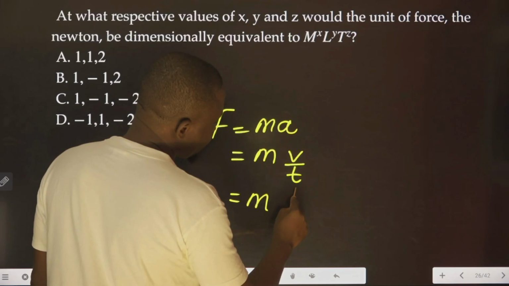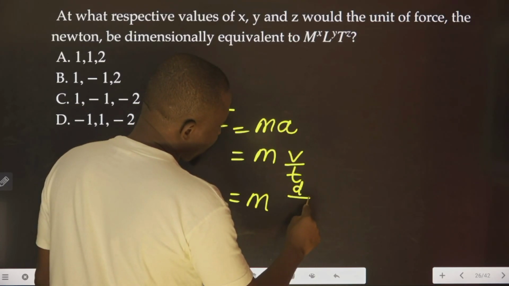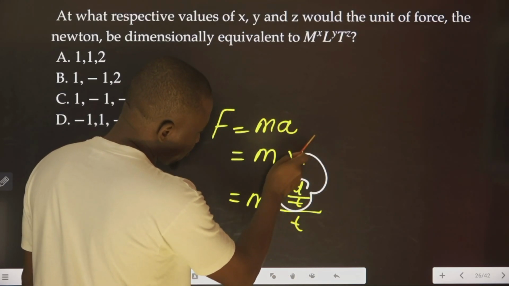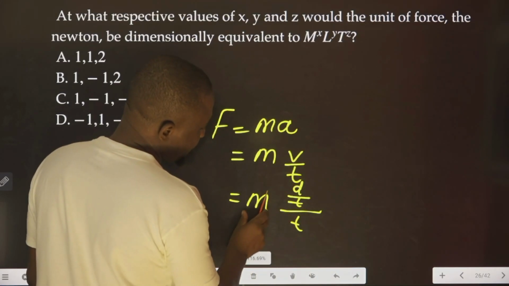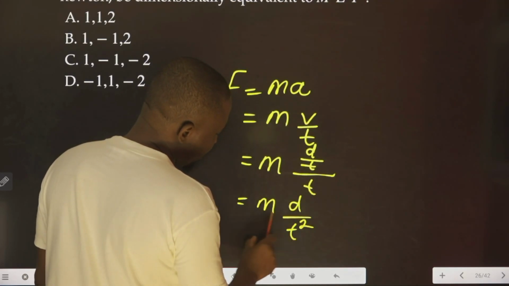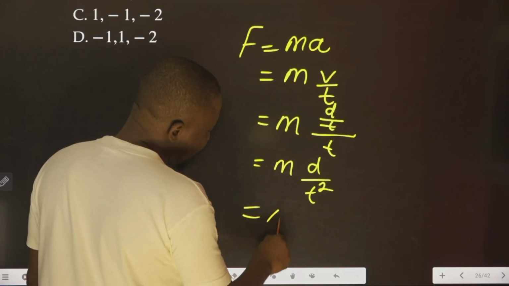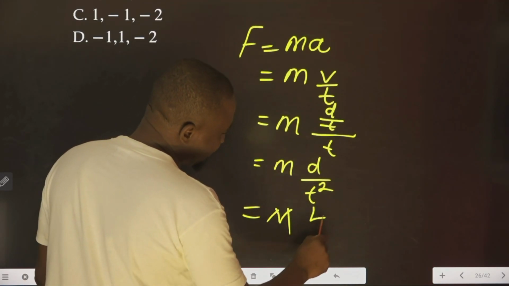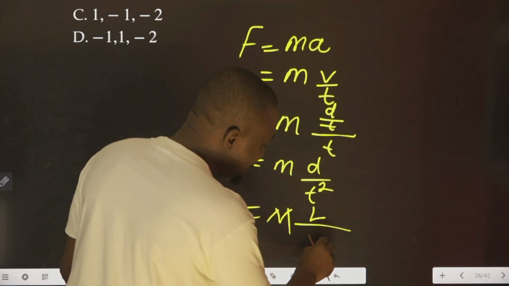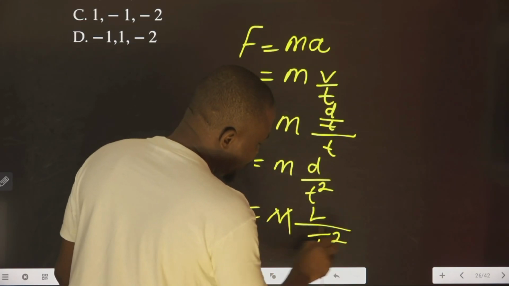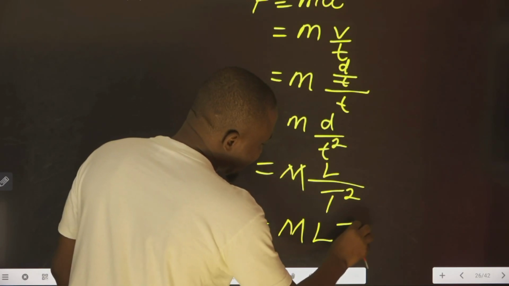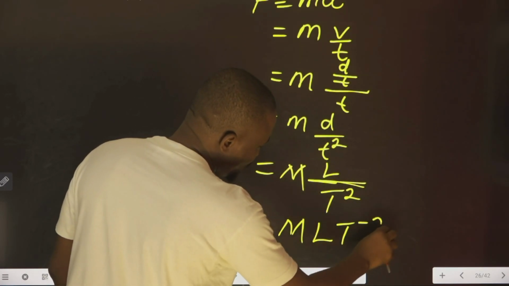v is what? It is distance over time. Then we still put this t. This you are seeing here is just this v. So you agree with me, at the end of the day you have d over t squared. Now let's replace. This is capital letter M. This is L, distance, also length, L, over time, which is capital letter T. You can express this as M, L, T, and because of this over, we put minus 2 here.